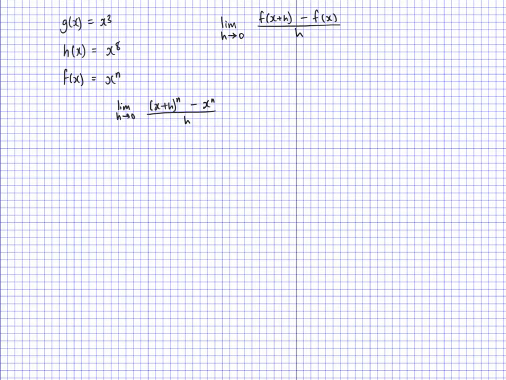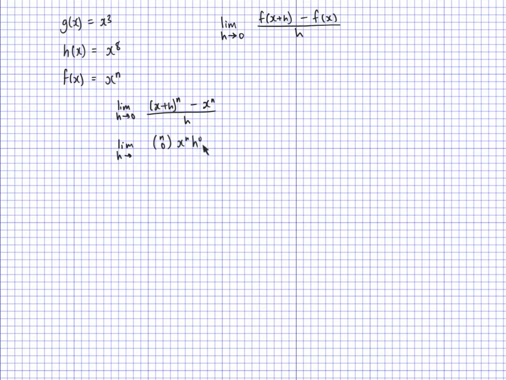So this then becomes the limit as h goes to 0. If I use the binomial expansion here, the first coefficient I find by doing n choose 0, and I'm going to have x to the power of n and h to the power of 0.